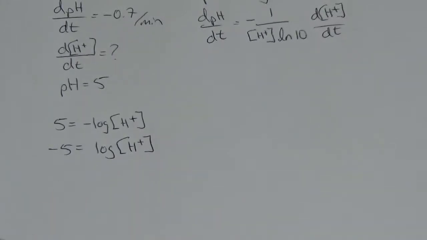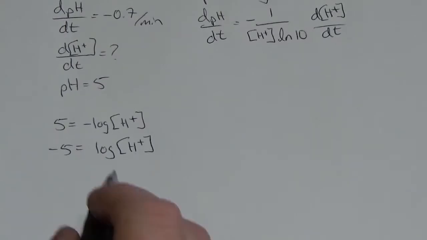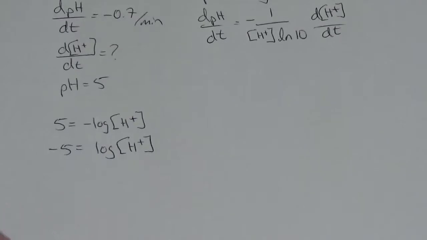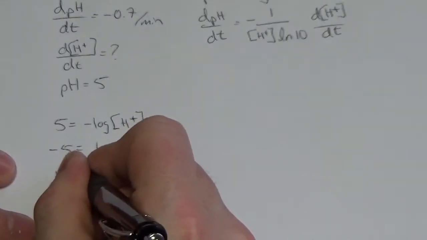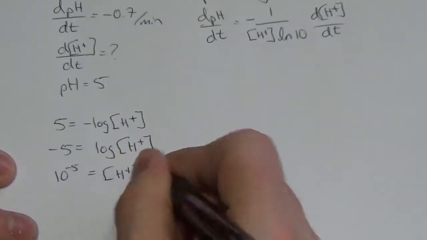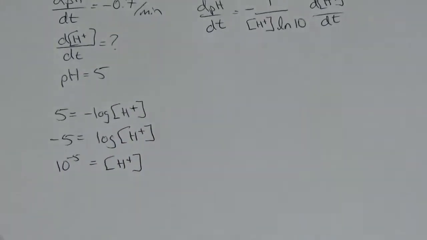And I do it by applying the inverse operation. So because this is a log base 10, okay, the inverse is going to be a power with a base of 10. So this will be 10 to the negative 5 is equal to, and those will cancel, and I'll just be left with the hydrogen ion concentration.